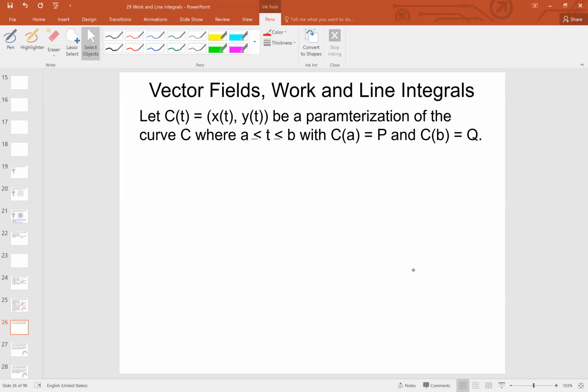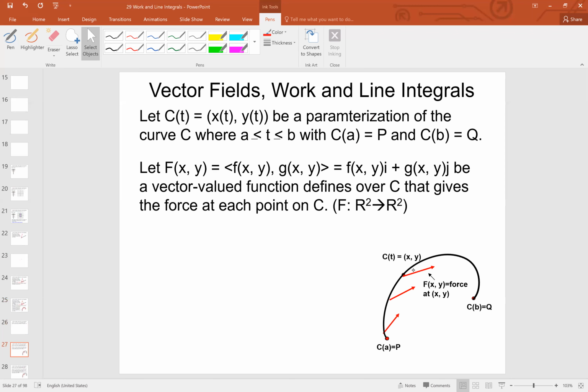So we start out with a curve given by x(t), y(t), where t goes from A to B, and P and Q are the endpoints of the curve. We assume everything from here on is differentiable, so we're not going to worry about differentiability and stuff like that.